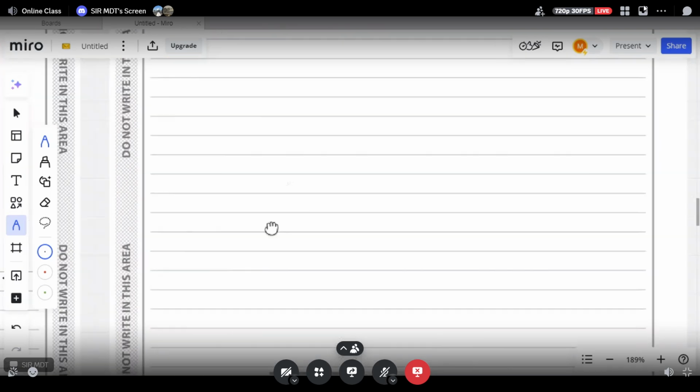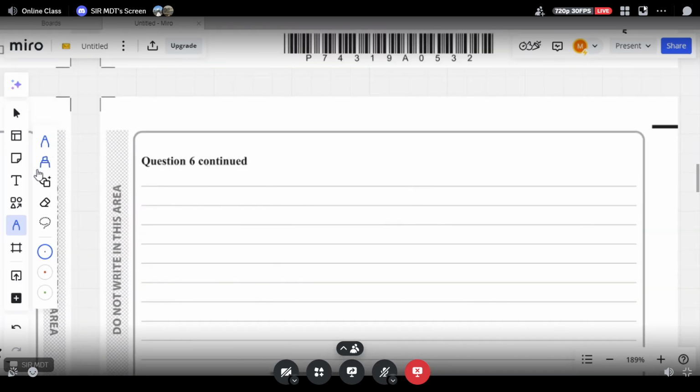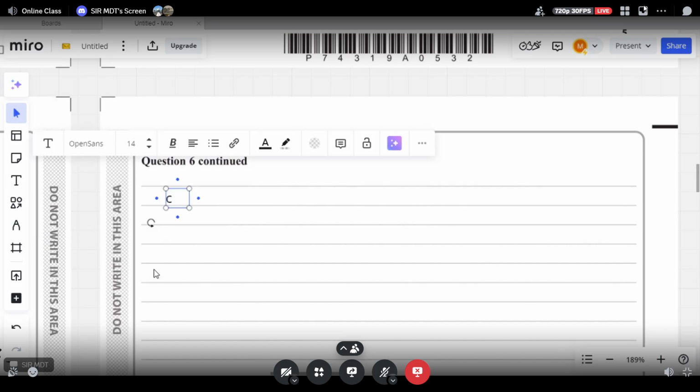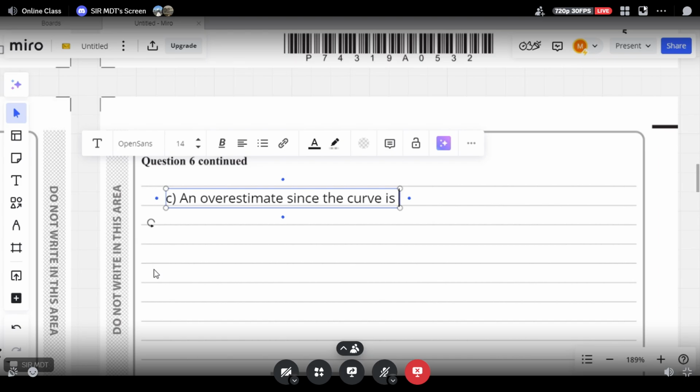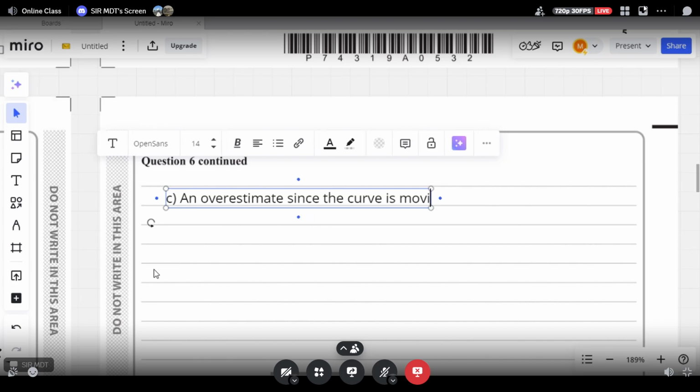So the reason for part C is that it will be an overestimate, since the curve is approaching towards the x-axis.